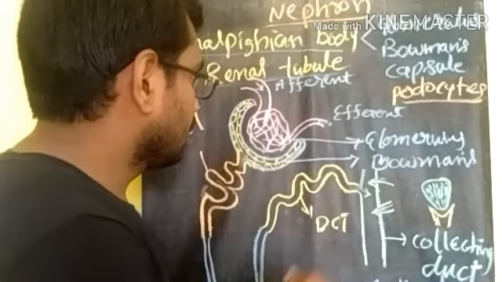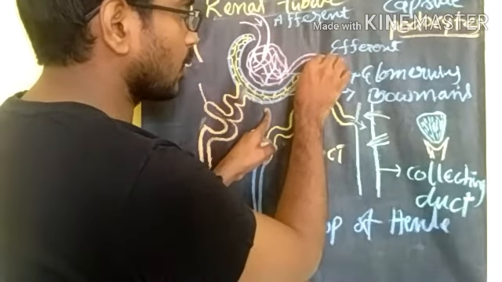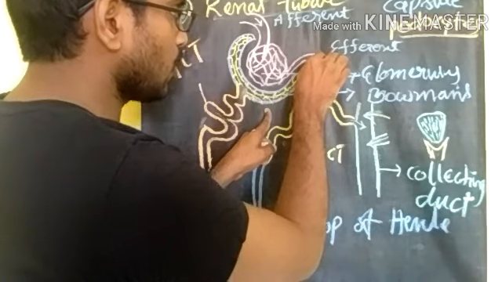And one more thing. Here this blood vessel is the efferent arteriole.